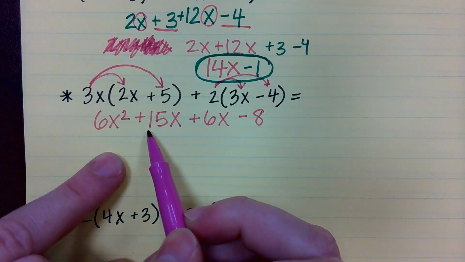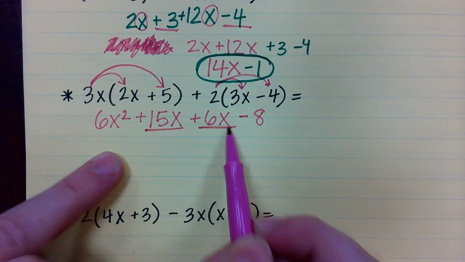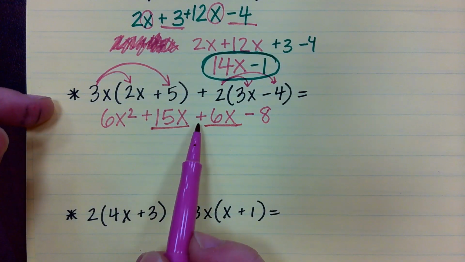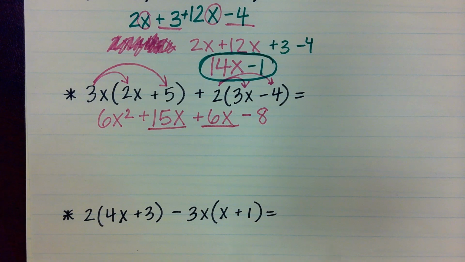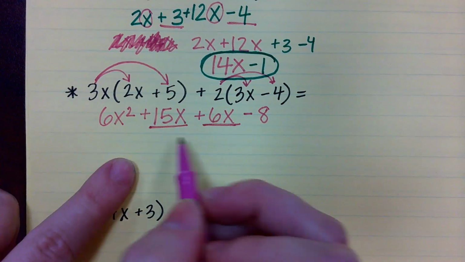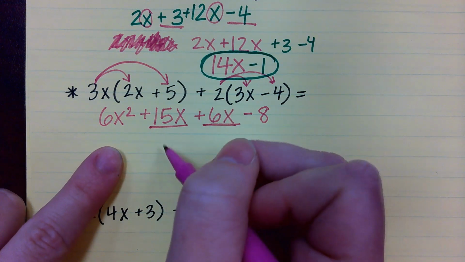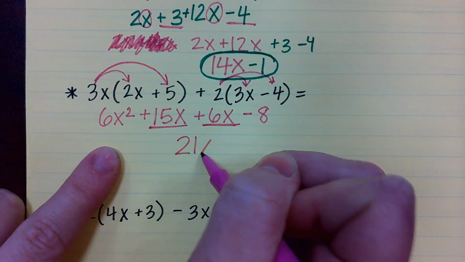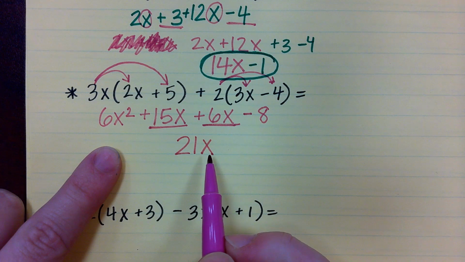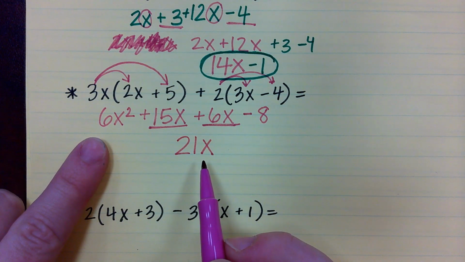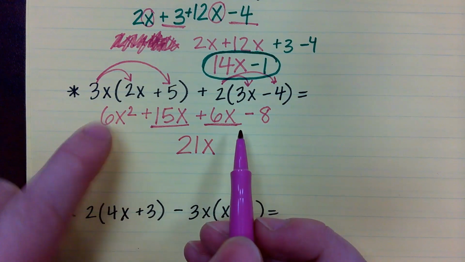Yes, we have like terms here in the middle. I've got 15x plus 6x. So we want to combine those. What is that going to give me? 15 plus 6? 21x. Now, is it 21x or 21x squared? Let's think about it.